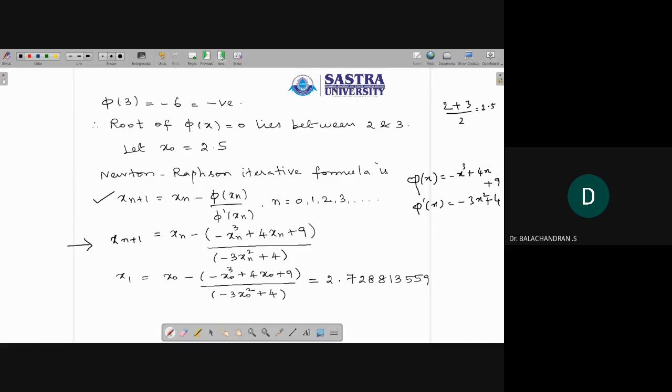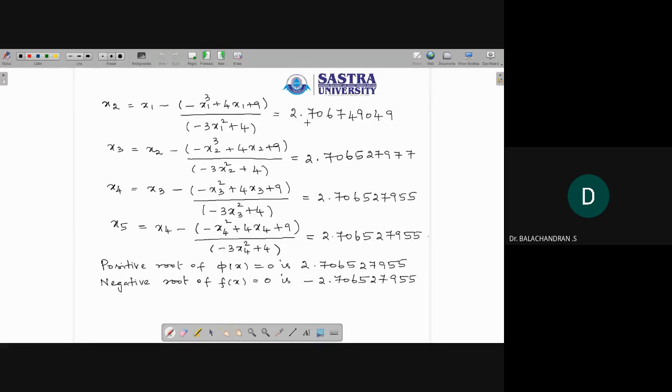Next, similarly check. Press calc, then answer, and then equal to. So check it: our x2 equals x1 minus this expression, 2.70674949. Please check all these four values. If you don't get it, please tell me.